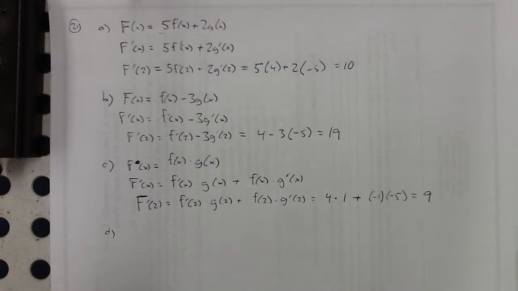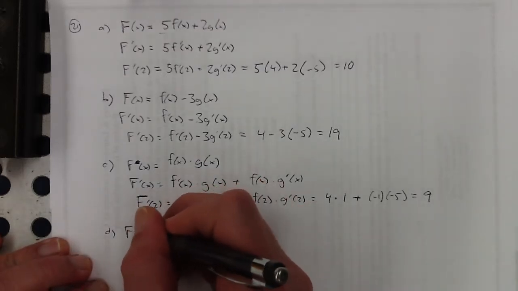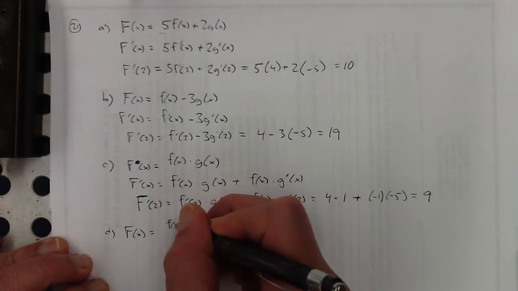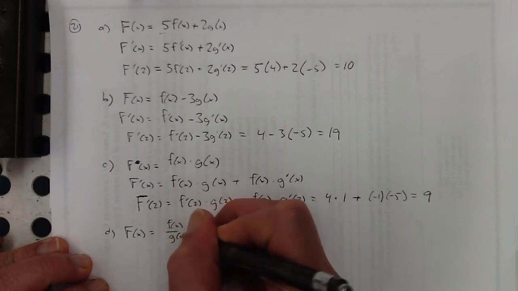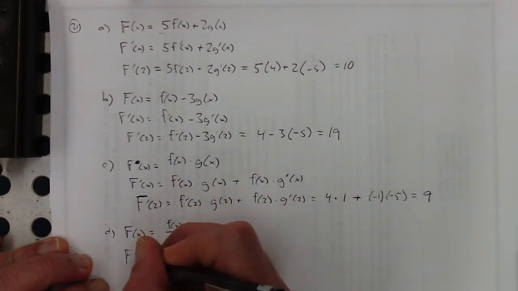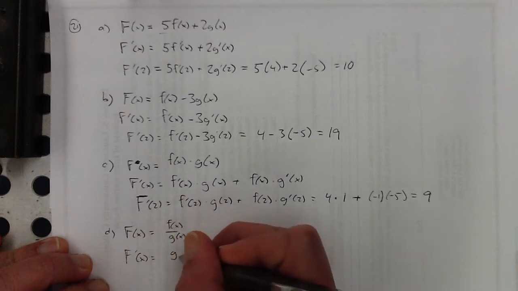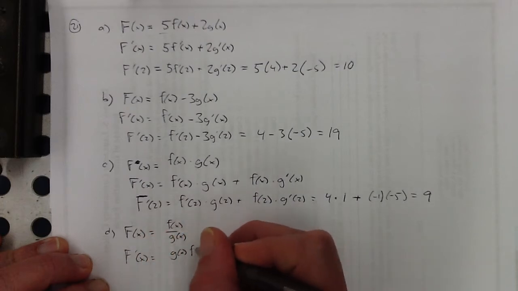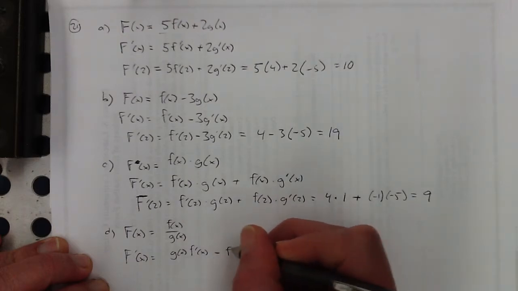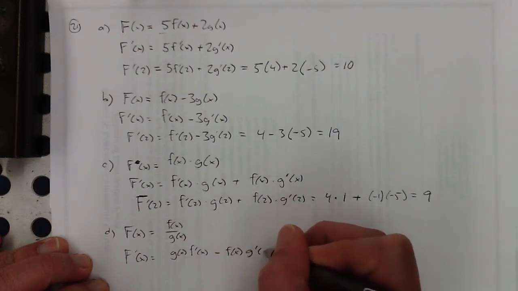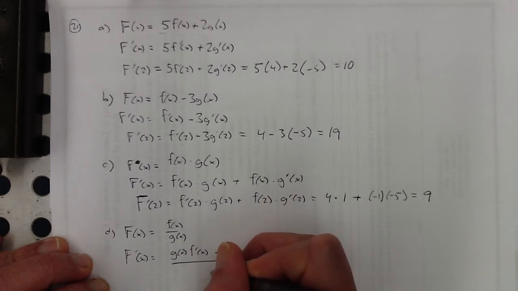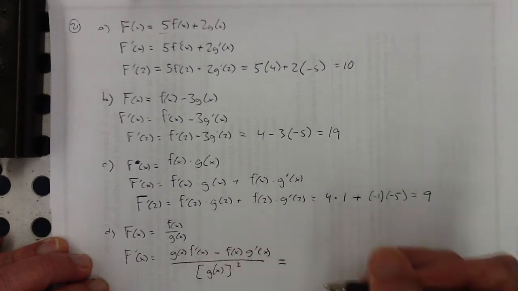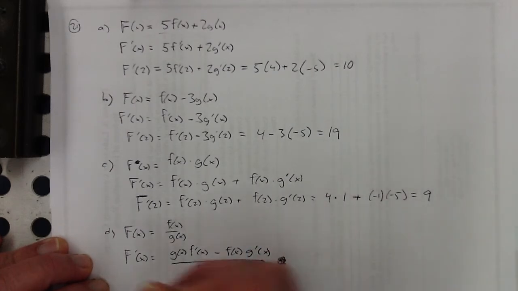And the last one of these is just a generic quotient rule. So the derivative of that, low d high, minus high d low, over low squared. Now I need to indicate that I'm not doing it with x anymore.